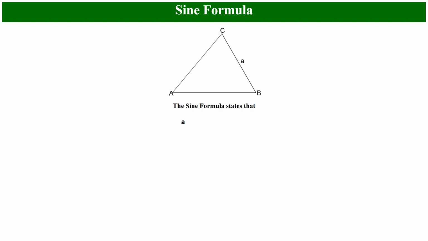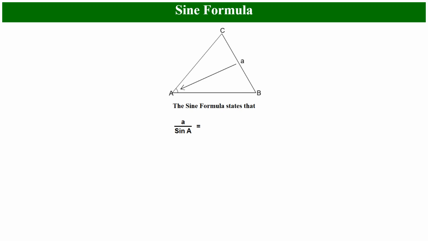So let's start by calling that length there little a. And as you can see, little a is opposite the angle A. And the sine formula says that the length little a divided by the sine of the angle A is equal to the same thing with b.